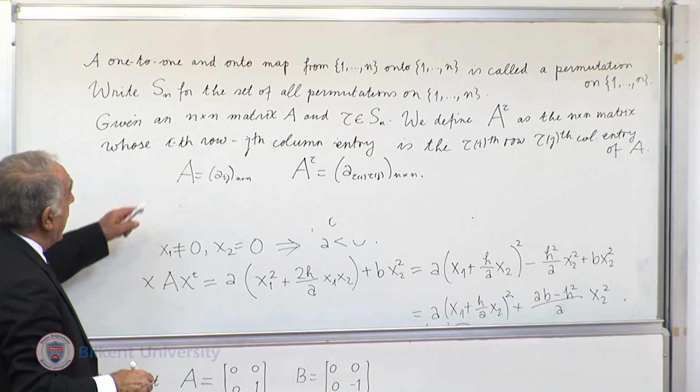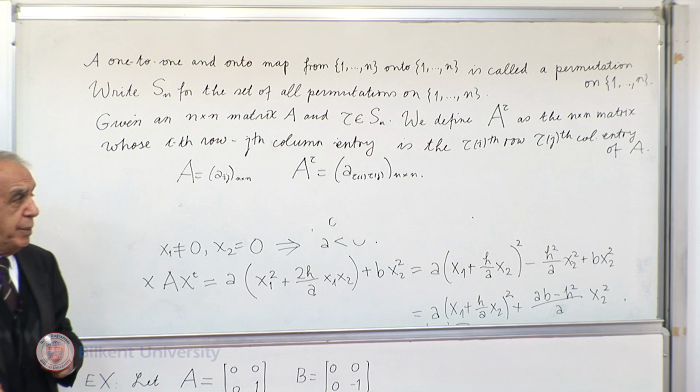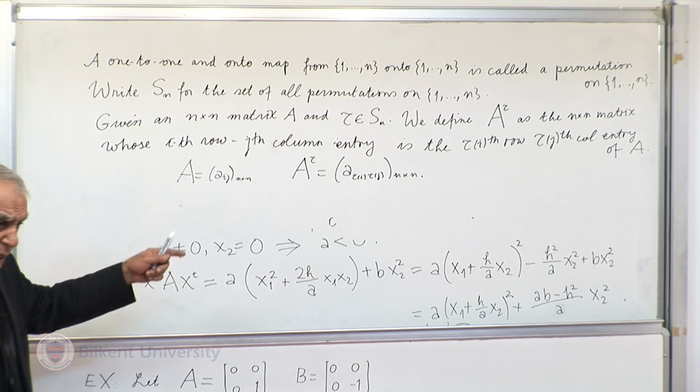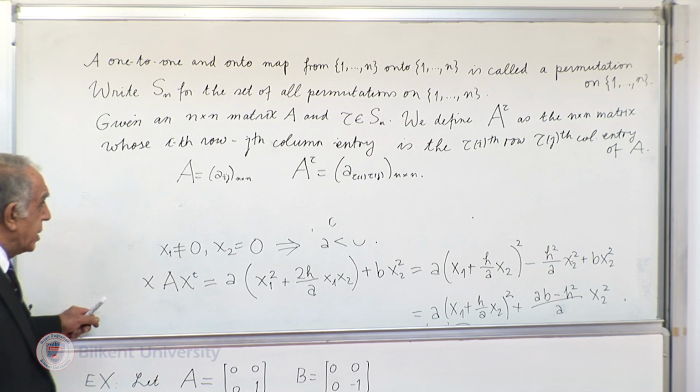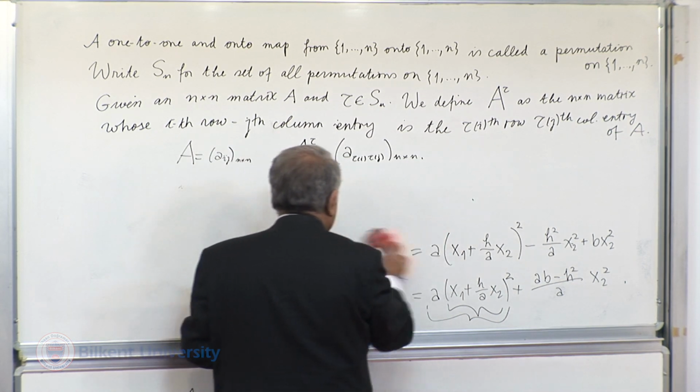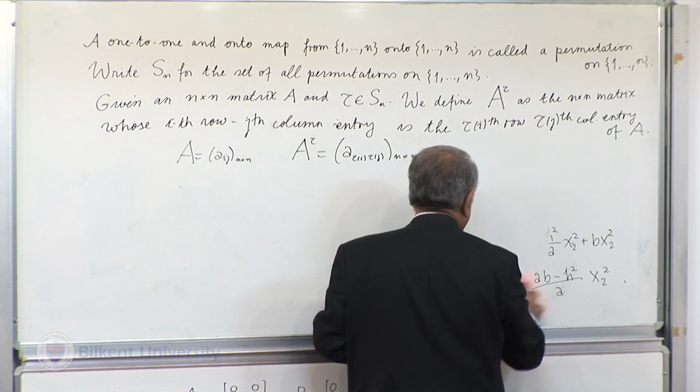Now it is clear that if A is symmetric, then the permuted matrix A tau under any permutation tau on the set from 1 to n, well, that will be symmetric as well.